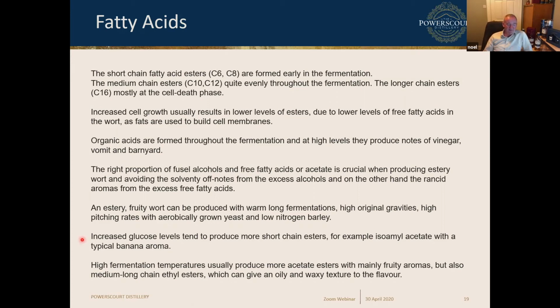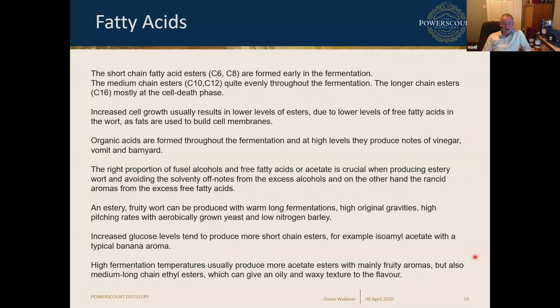Also, if you follow on down, increased glucose levels tend to produce more short chain esters. Isoamyl acetate is a typical banana aroma, and that can be produced with increased glucose levels and high fermentation temperature. At the other end of the scale, you can produce more acid esters.